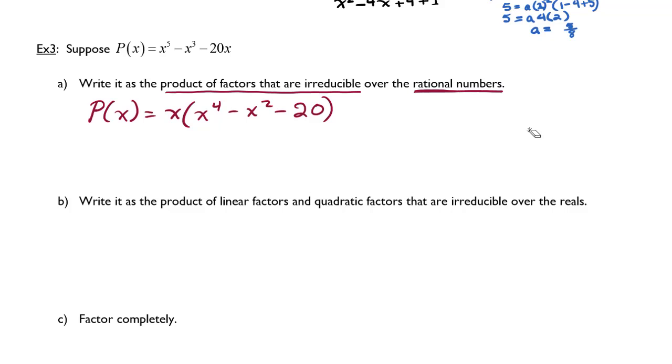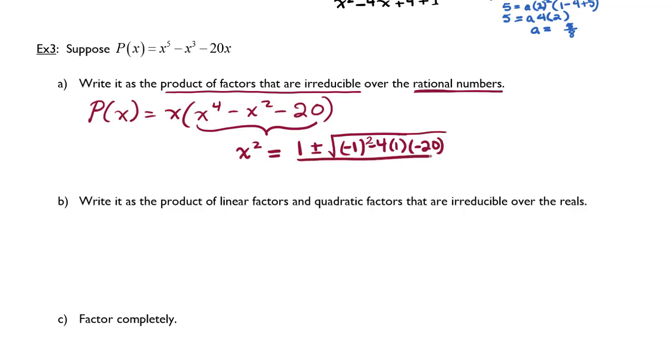And so I have to stop here because if I were to factor these, the remaining x to the 4th portion, let me just show you what you'll get. We'll treat this as a quadratic because it decreases by half in the degree for each term in descending order. So I'll have x squared is equal to negative b plus or minus the square root of b squared minus 4 times a times c, all over 2a.